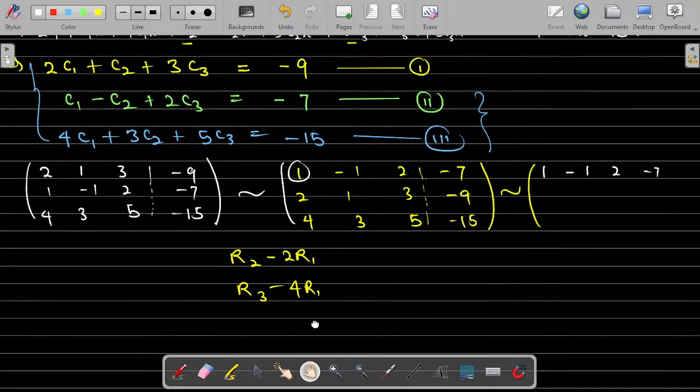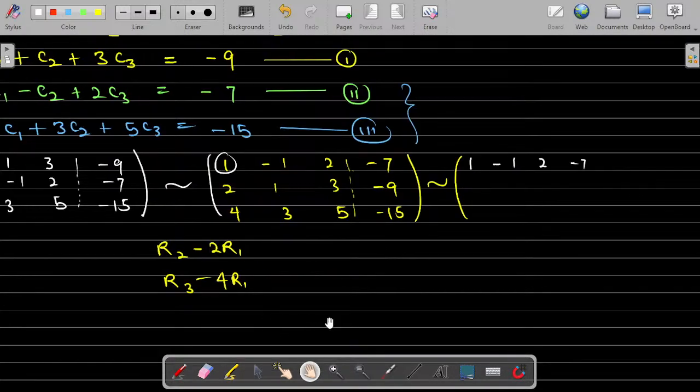Permit me to shift this a little bit. So here we are going to have the next one: this minus 2 of this is 0. This minus 2 of this is going to be 1 plus 2, which is 3. This minus 2 of this is going to be minus 1. This minus 2 of this, that's minus 9 minus 2 of minus 7, which will be plus 14, and that's going to be 5.